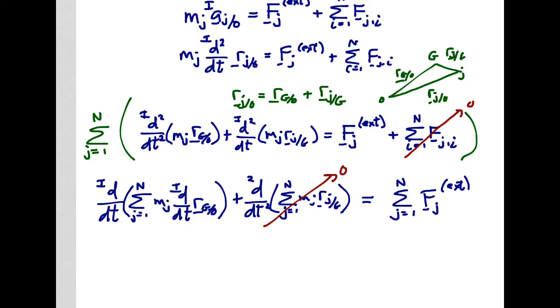And then the second thing that you'll recognize is that the time derivative of the position vector of g with respect to o is the velocity of g with respect to o as observed in the inertial reference frame.